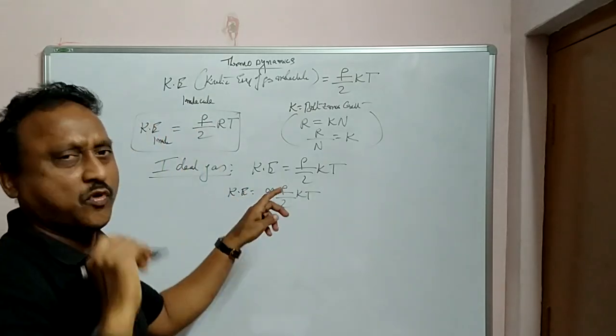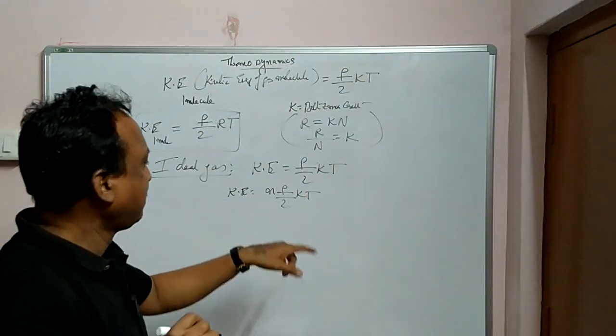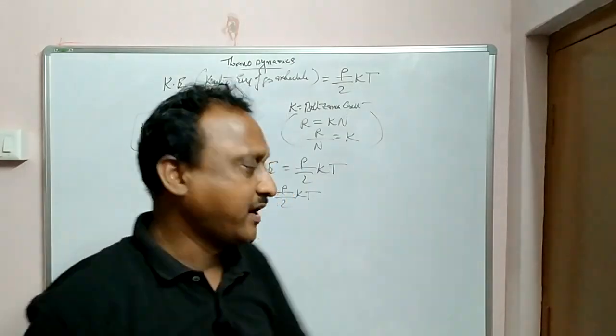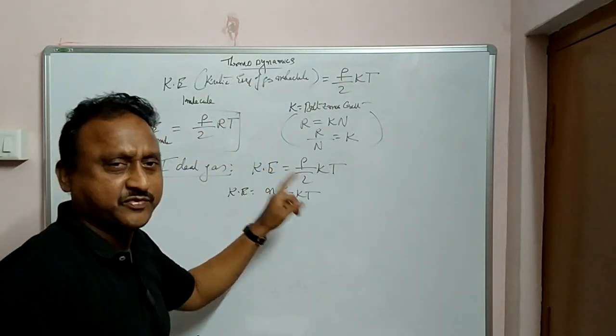Here n is the number of moles, mass of the gas in grams by gram molecular weight. F is the degree of freedom, K the Boltzmann constant, and T the absolute temperature.